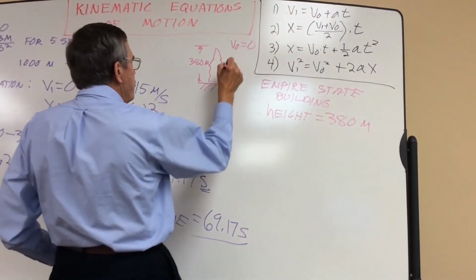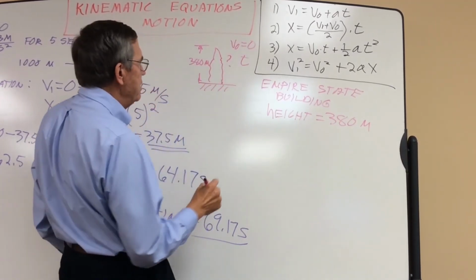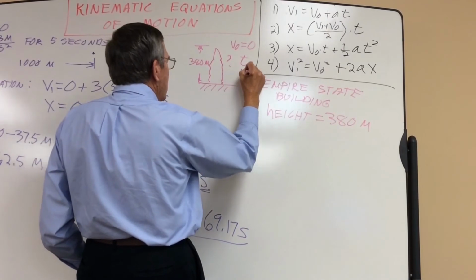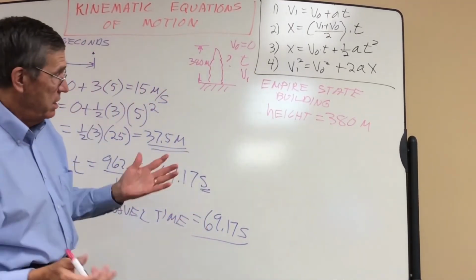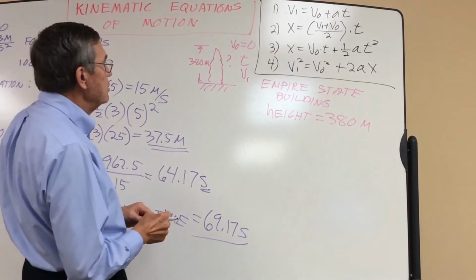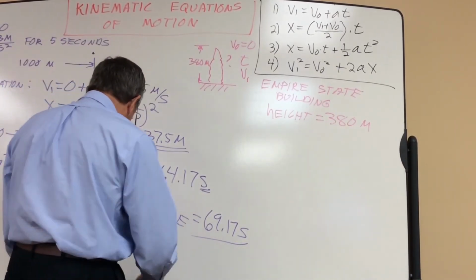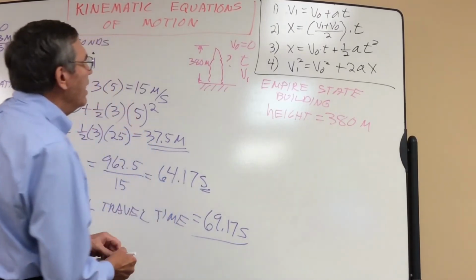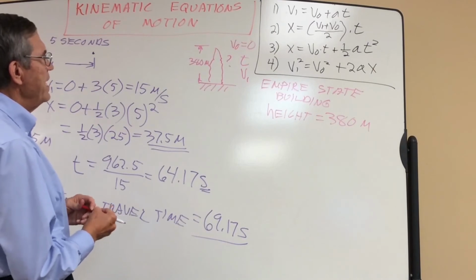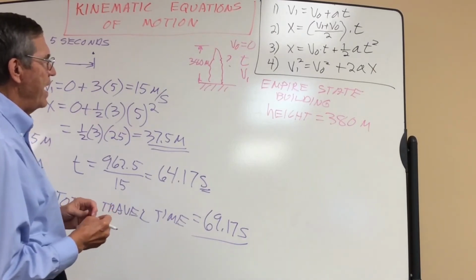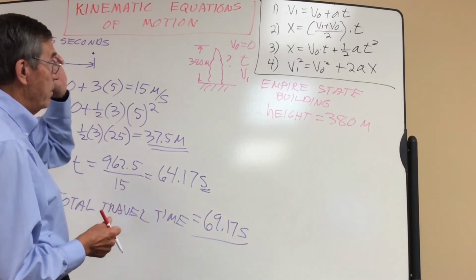We want to know two things: the time that it takes to get to the bottom, and the final velocity when it hits the pavement. Okay? So let's look at our kinematic equations and see which ones might be helpful to us. All right, so let's find that velocity. Let's find out how fast it's going when it hits the ground.